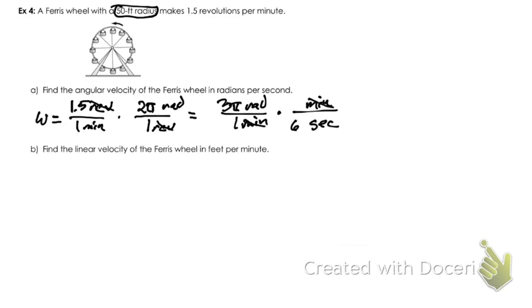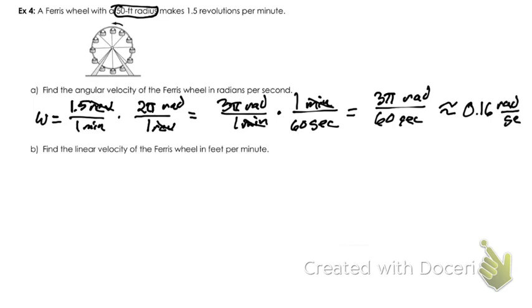We have 60 seconds in 1 minute, which is going to result in 3 pi radians per 60 seconds, which if we just approximate that, would be about 0.16 radians per second.